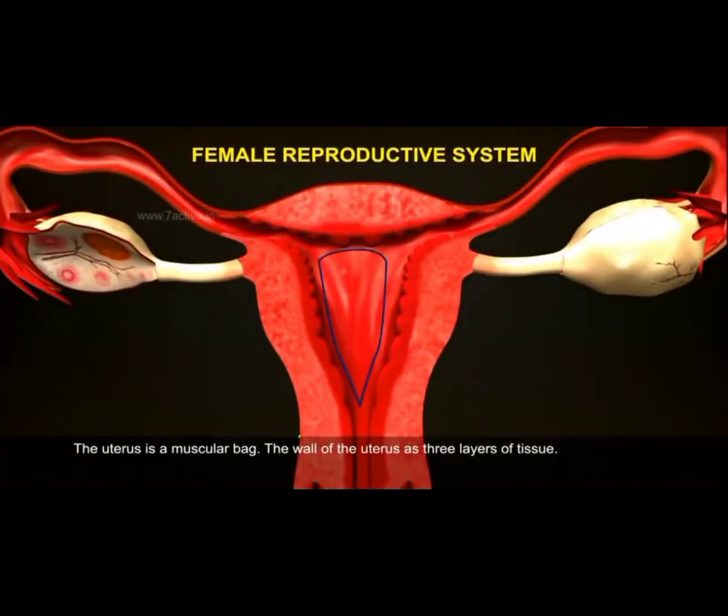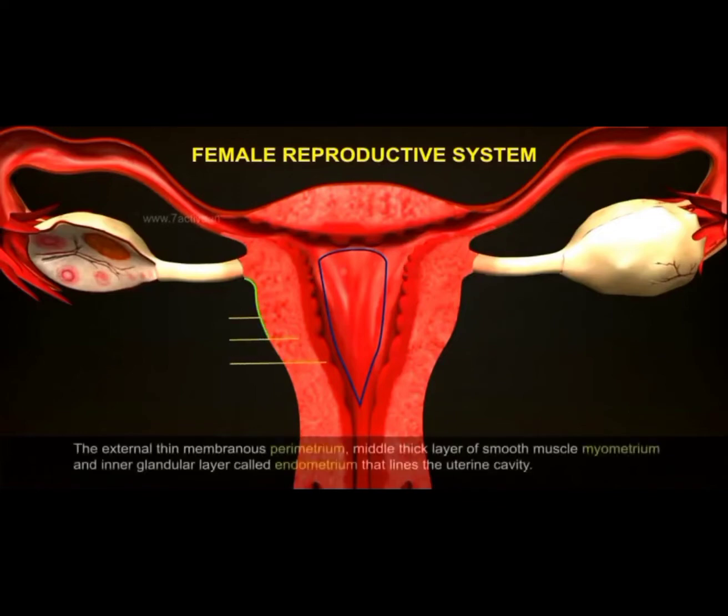The uterus is a muscular bag. The wall of the uterus has three layers of tissue: the external thin membranous perimetrium, the middle thick layer of smooth muscle, the myometrium, and the inner glandular layer called the endometrium that lines the uterine cavity.